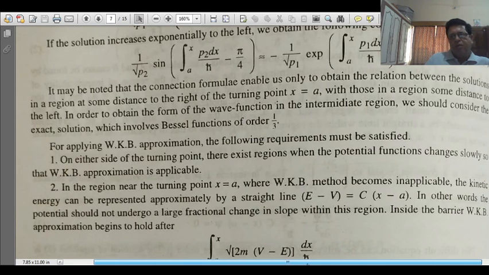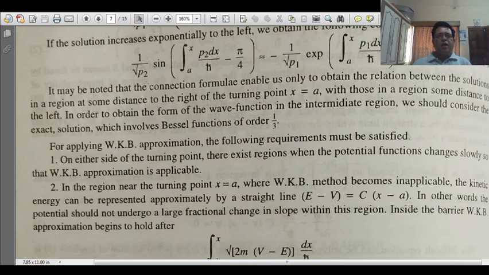Our aim is to understand how to solve the problem, not to go through it mathematically.